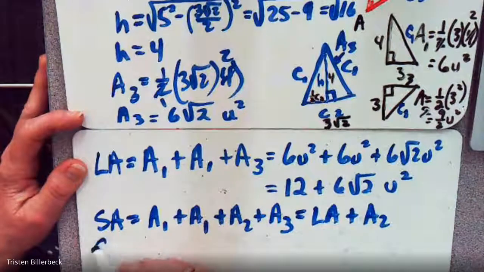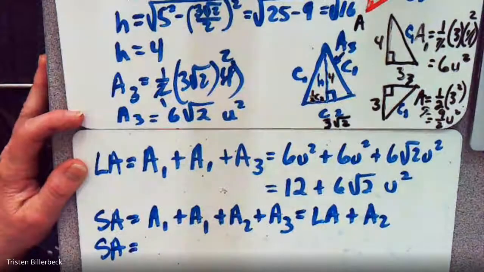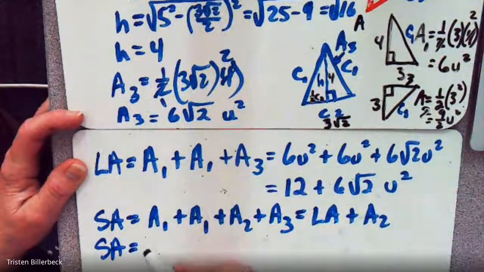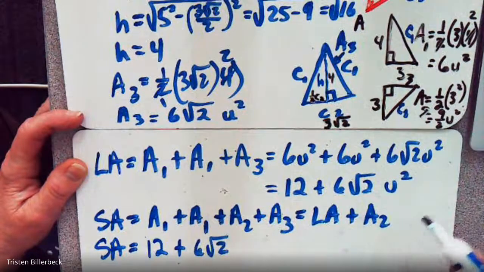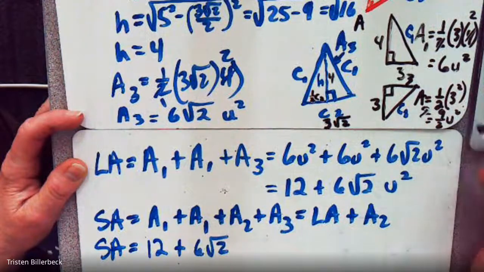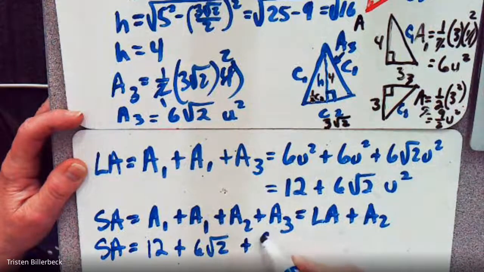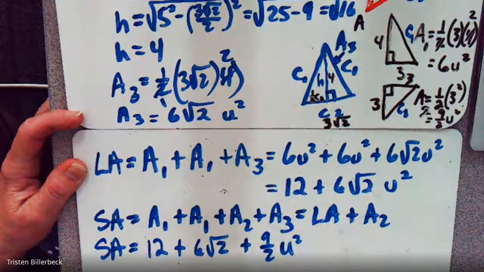All right, so surface area then equals, so we had 12 plus 6 square root 2, and then we find what was A2, which is 9/2 plus 9/2 units squared. And we can combine this one and this one.